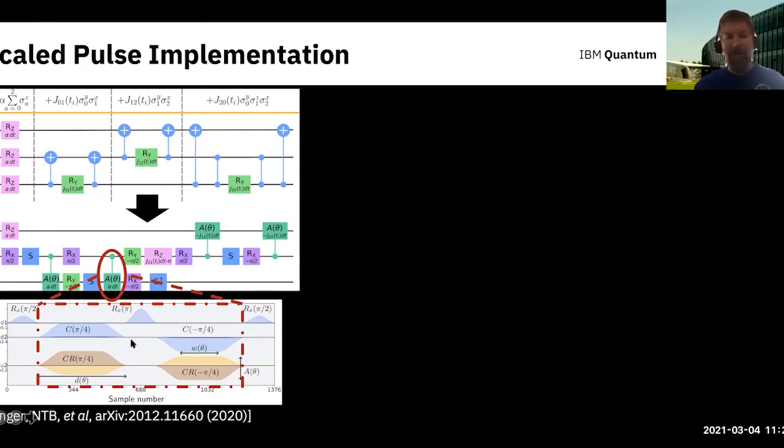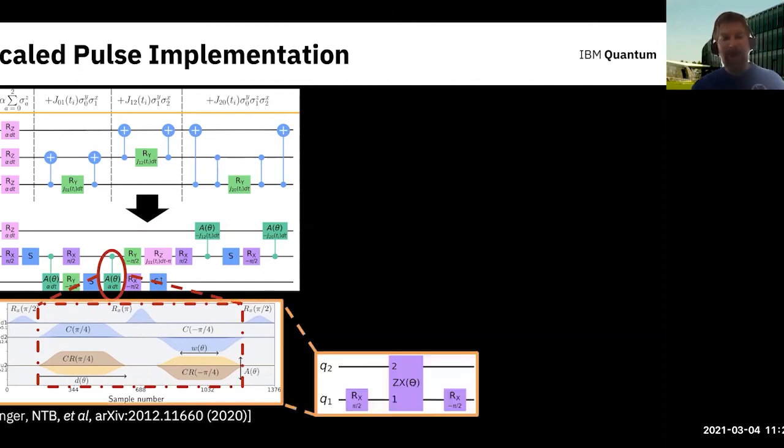But instead of getting that full pi/2 of entanglement, what I can do is start scaling and stretching them in a way that I know should work, being an experimental physicist, I guess. And so you get this kind of basic atomic interaction of entanglement, and you scale that in such a way that you generate the same interaction but with less pulses. And so this is what we were able to get. This was a YX interaction. It's just one of these ZXs with a couple different single qubit rotations on the beginning and end.